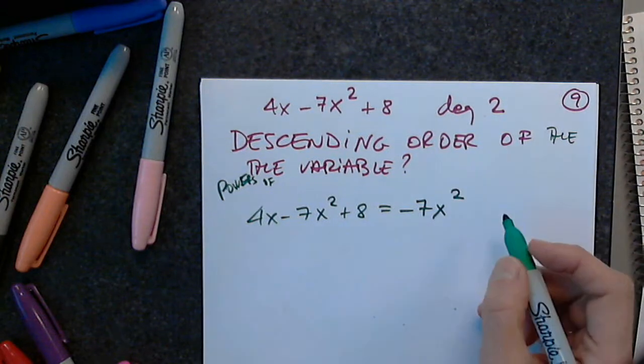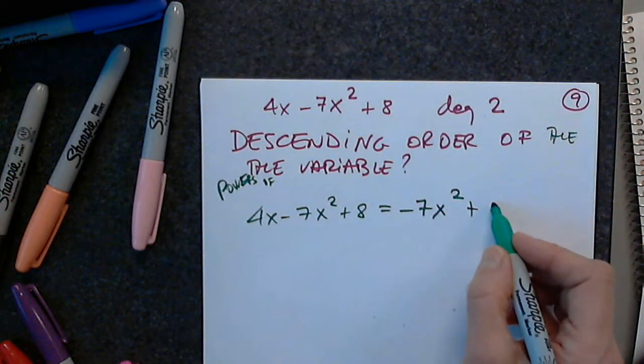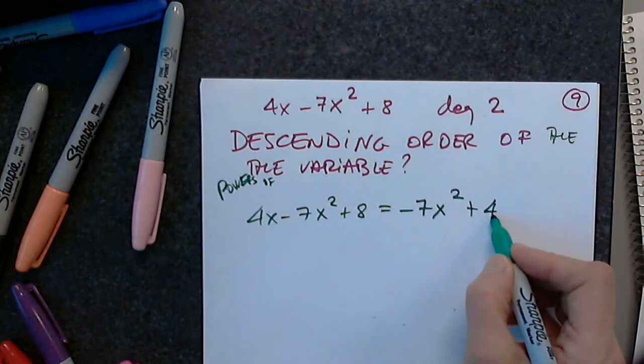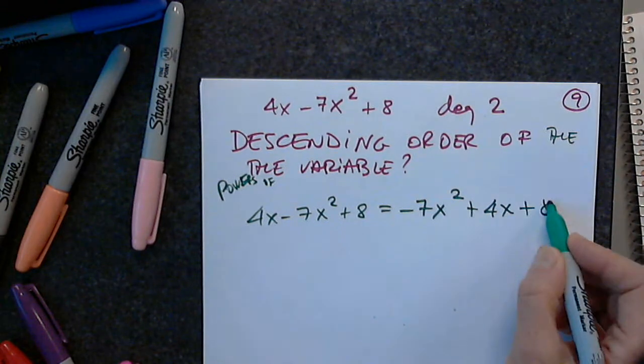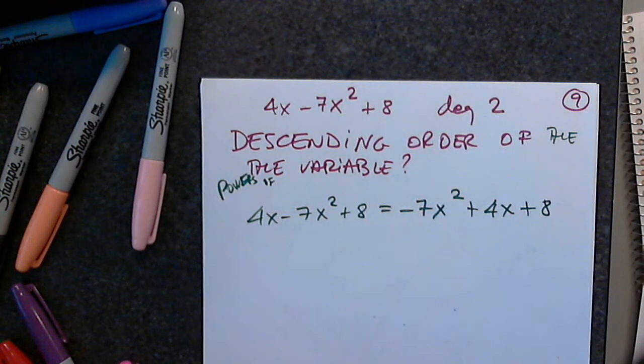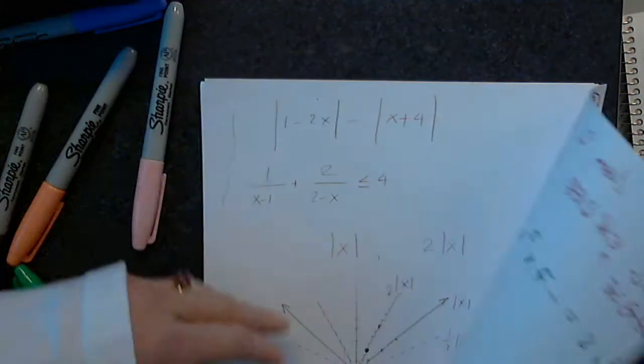Squared, very good. Yes, very good. We need the polynomials to be in descending order.